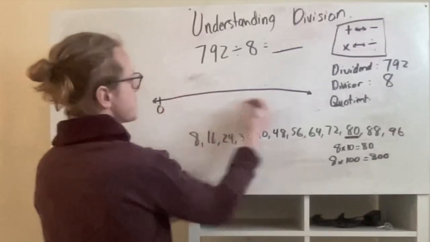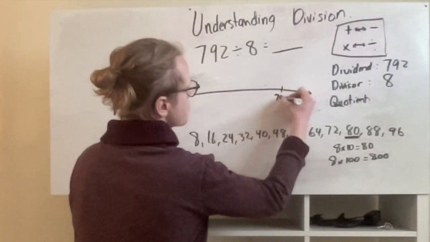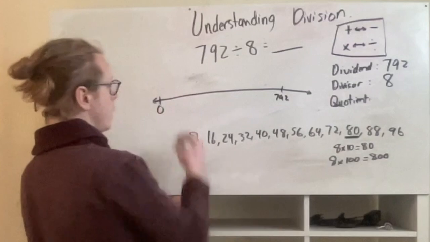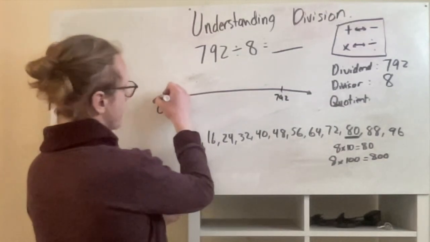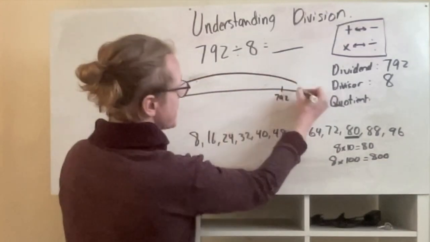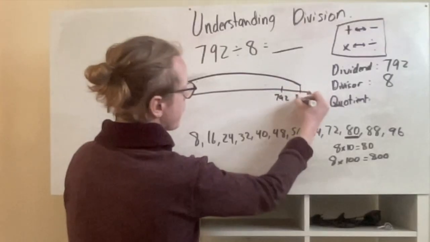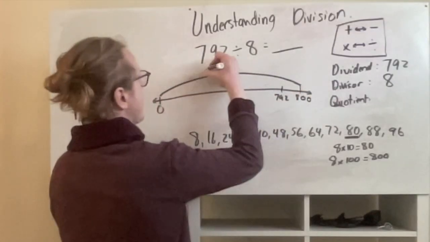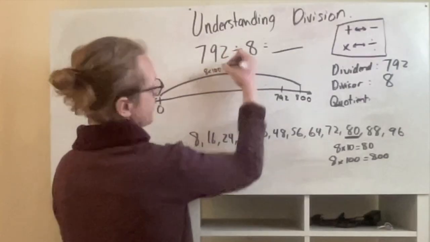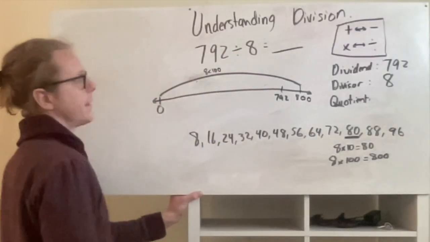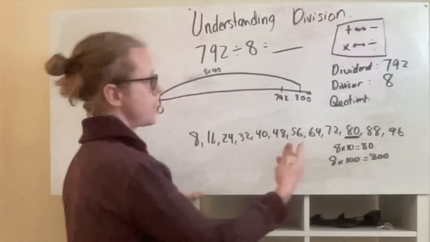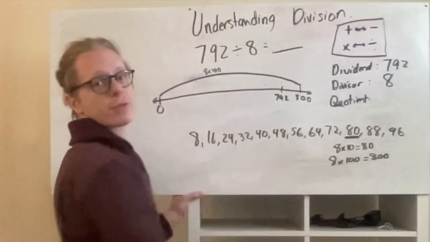We imagine we're starting at 0. We want to get to 792. We can jump from 0 straight to 800. That is 8 times 100. Okay. Have I undershot or overshot my dividend, the number I'm trying to end up at?